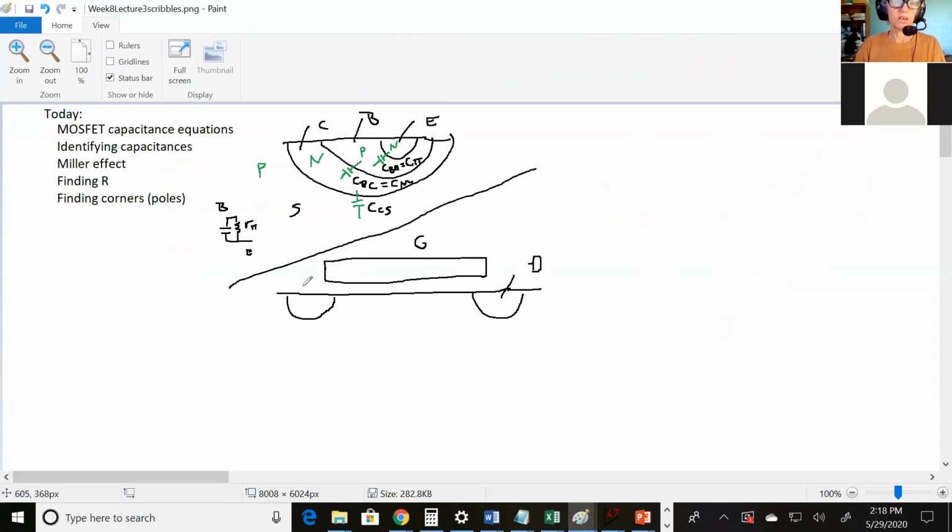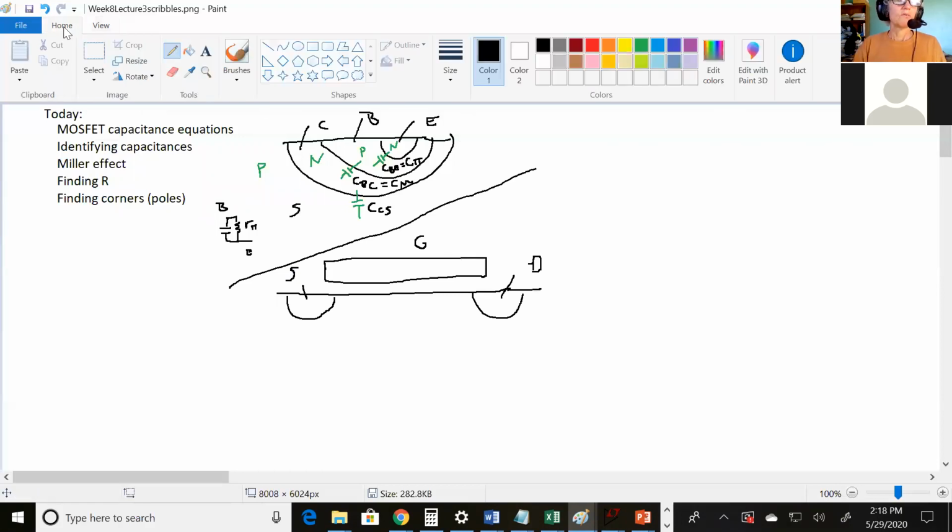I could have put the drain on the other side. Source. And what happens here is the same thing that happened with the PN junctions. The substrate would be P-type, and the wells for an NMOS, this would be N and this would be N. Is this junction on or off for MOSFETs?